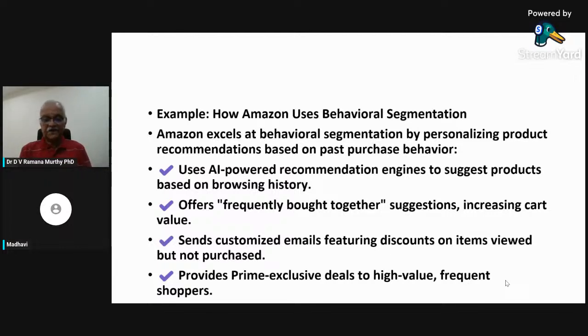Can you buy this? Because we have a discount offer for this. That's how it goes. And they provide Prime exclusive deals to high value frequent shoppers. They personally inform you on that. So that's how they engage themselves with the customers. That's customer engagement. You receive a personal email from Amazon, something interesting, right? So that's how it goes.